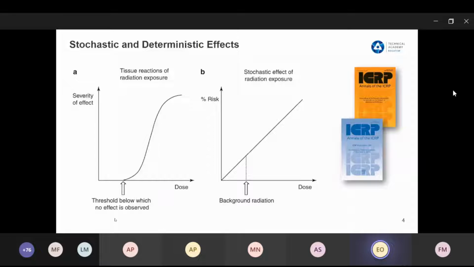Stochastic effects are usually detected long after exposure. The probability of their occurrence is considered a non-threshold dose function. The non-threshold concept was adopted as a working hypothesis by international scientific organizations to substantiate principles and methods for regulating low doses of radiation.